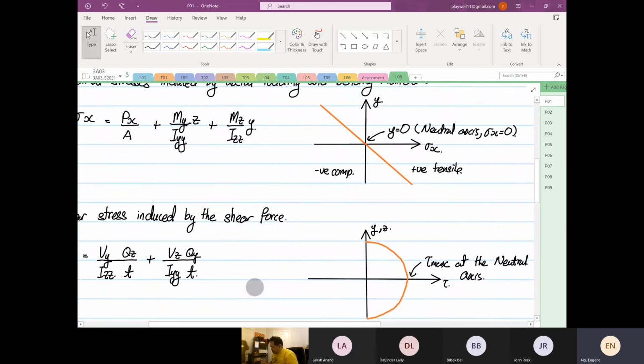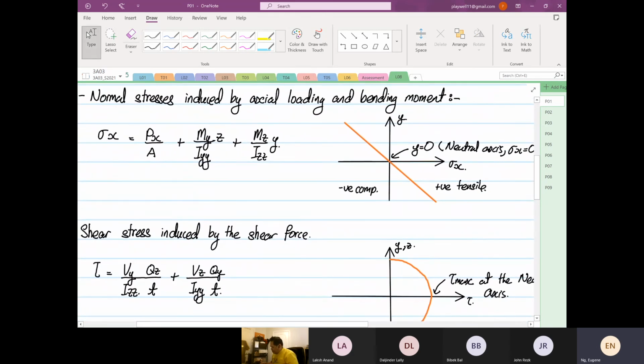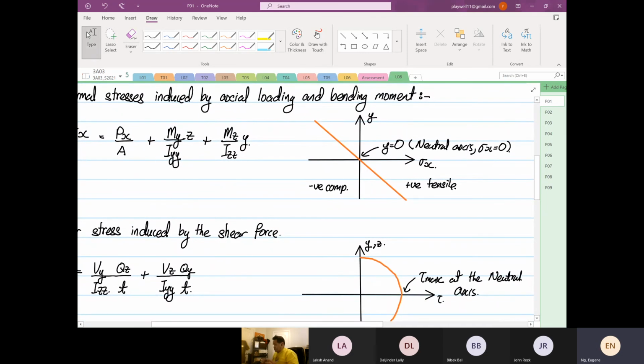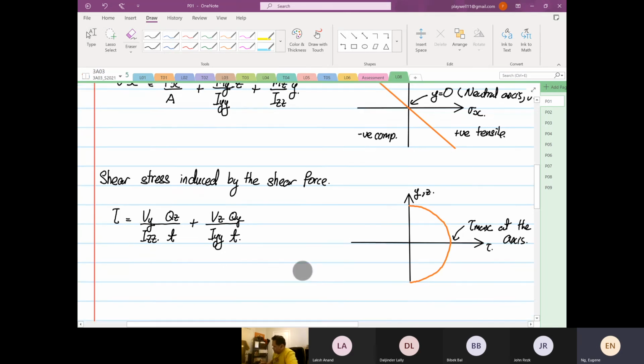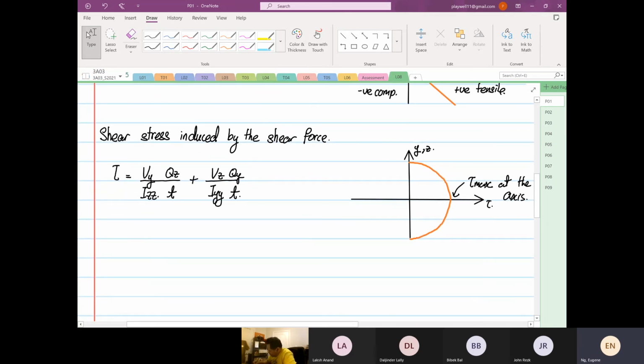If you look at it, the normal stress at the neutral axis is equal to 0, whereas the shearing stress at the centroid is at its maximum. So how can you look at the materials handbook to select the right material for it? But hold on, there's still another shearing stress which you have learned in 2P.